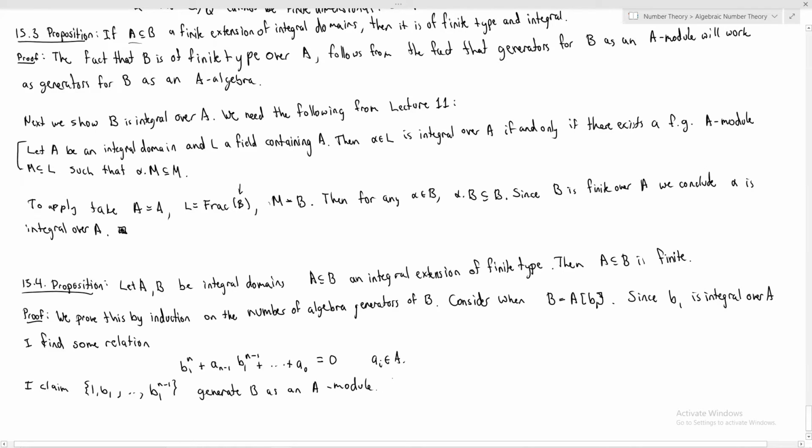Okay, so again, we're going to end up doing some kind of induction argument. So first, note that B is generated by all the powers of B1 as an A module. Okay, so this is an infinite list as it stands.